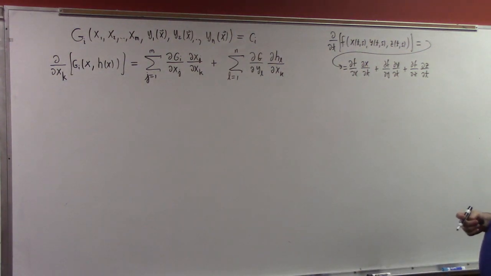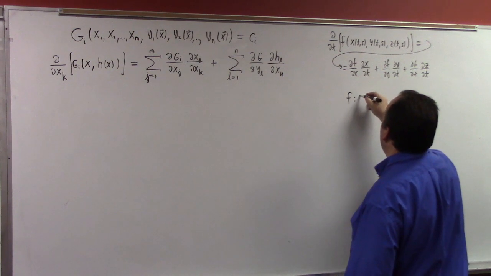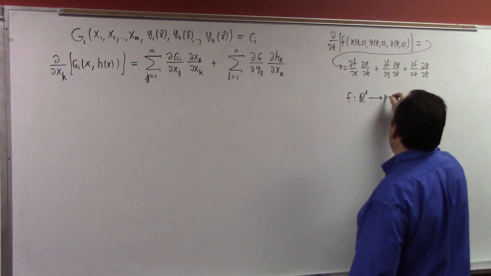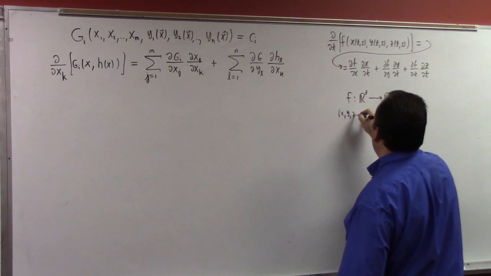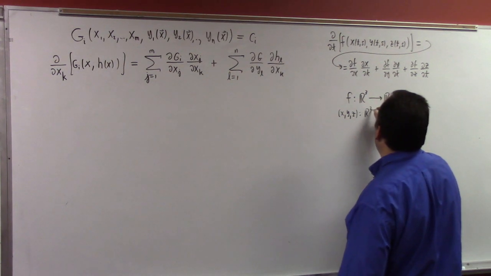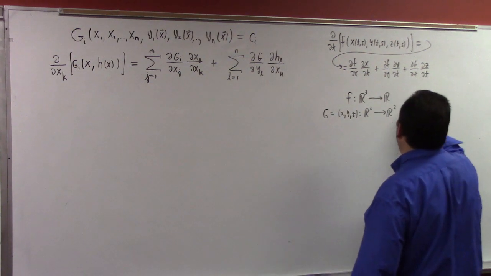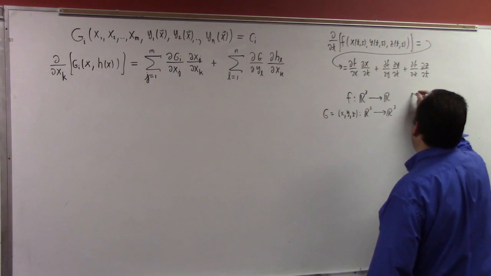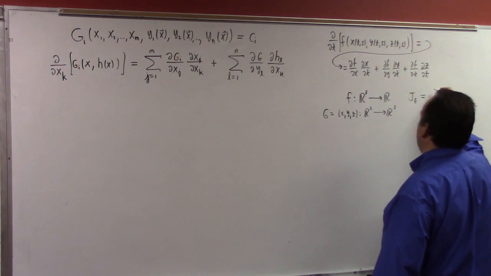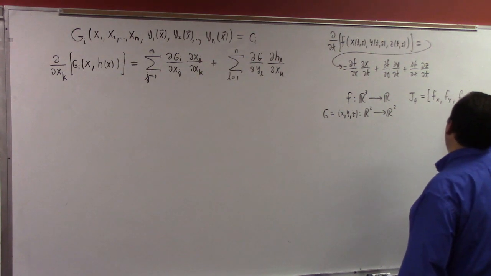And maybe it's good for us to just take a second to appreciate why that is. Here I'm looking at a function from R3 to R, and my x, y, z function is actually a function from R2 to R3. So let me call this big G. The Jacobian of f would be a 1 by 3, a row vector in this context: fx, fy, fz.